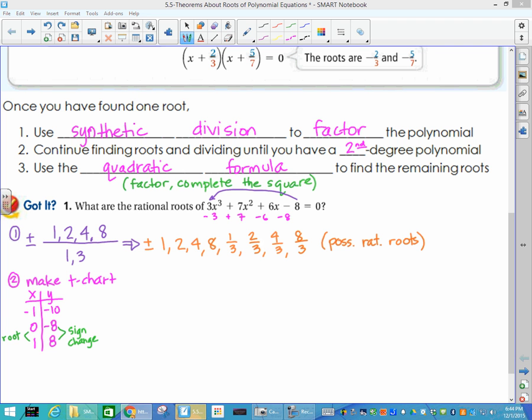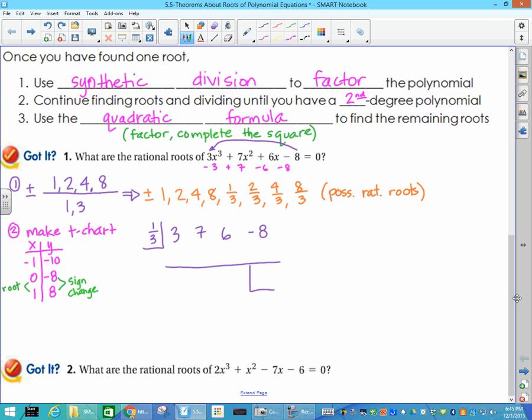Let's start with 1/3. Not necessarily fun to do fractions, but it's the easiest way to do it. Remember our synthetic division, so I write the coefficients 3, 7, 6, -8. And if it's a factor, I hope you're remembering what the remainder has to be. It will be a 0.